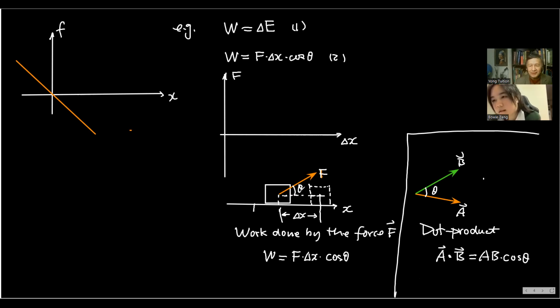If the force is constant, then in the diagram this is just a horizontal line. If we want to calculate the work done here, for example, over this delta x, of course this is a general notation, and we have considered cosine theta.